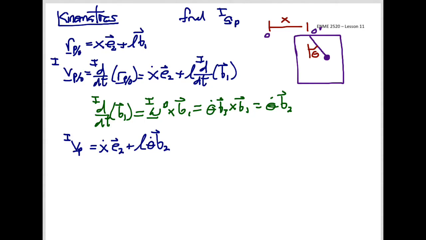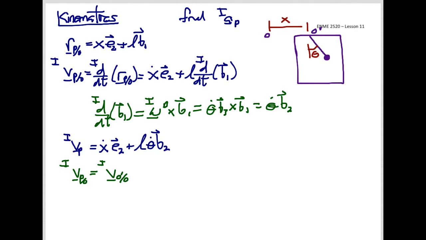So let's make sure that this expression makes sense. Here we've got an x dot in the E2 direction, and we can see that that x dot is an expression of the velocity of point O prime with respect to O. And so you can even rewrite this as v sub P as observed in the inertial frame I is the same thing as v of O prime with respect to point O in the inertial frame.